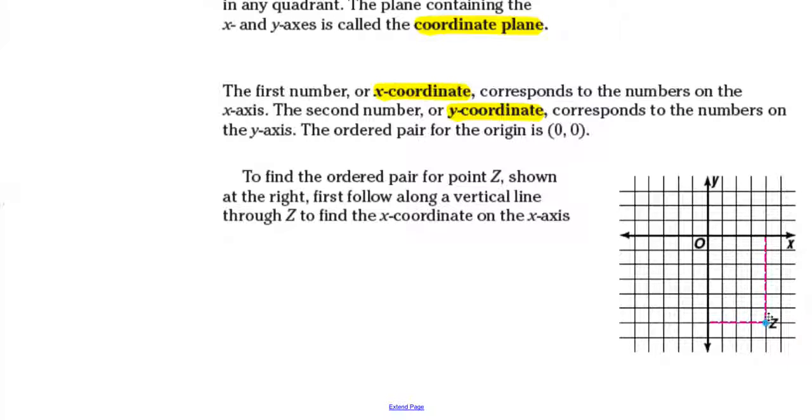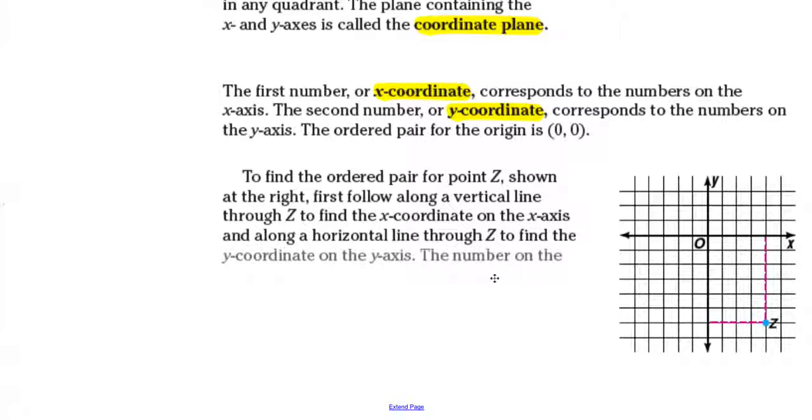So go through Z, vertical line, until you find the number on the x-axis. Then follow the horizontal line through Z to find the y-coordinate on the y-axis. So first go to x, you'll find your x-coordinate, and then go to y horizontally, you'll find your y-coordinate.